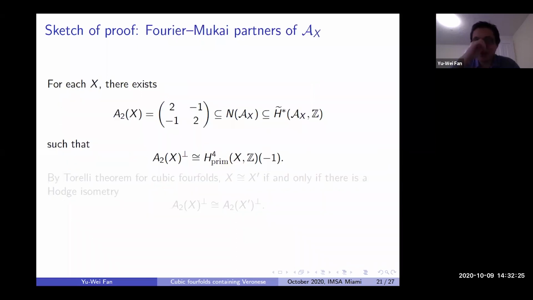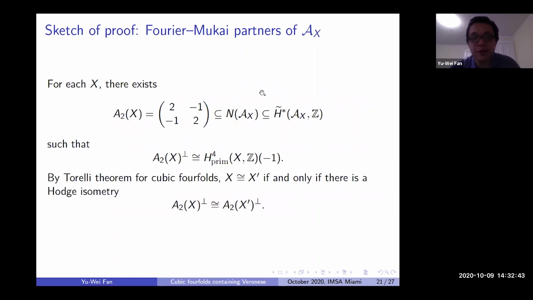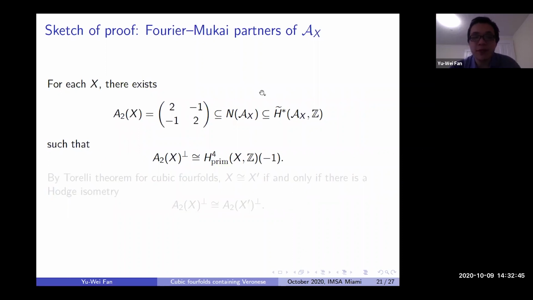Okay. So now I will sketch the last part, about the counting of Fourier-Mukai partners of AX, that is, how many isomorphism classes of cubic fourfolds share the same K3 category. There is a lattice called A2 inside the algebraic lattice of the category AX.